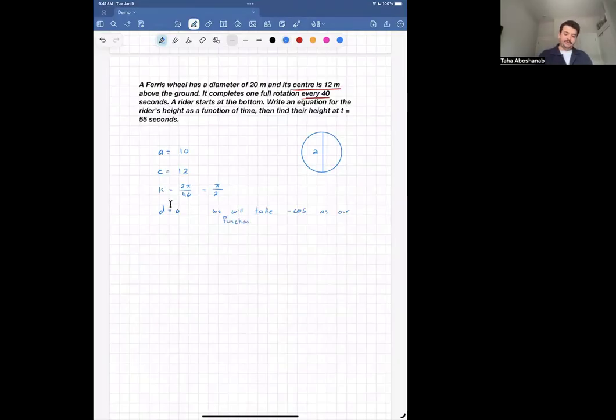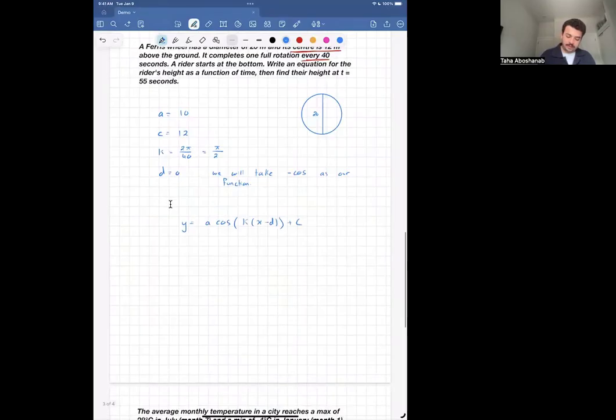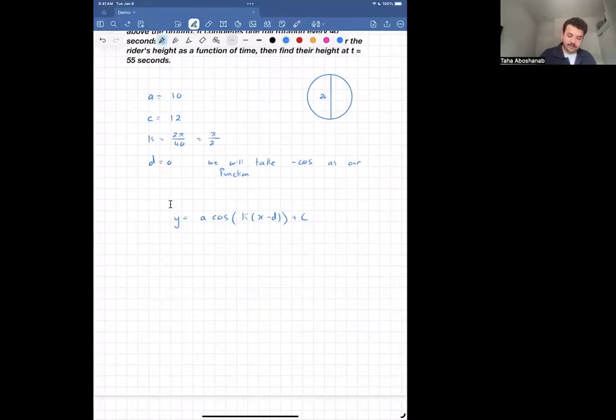Okay, now let's try to put this all together so we can actually model this. The form that we have is y equals a cos k(x minus d) plus c. We said we're taking negative cos, and the a is 10.